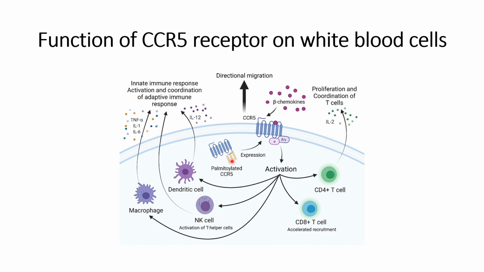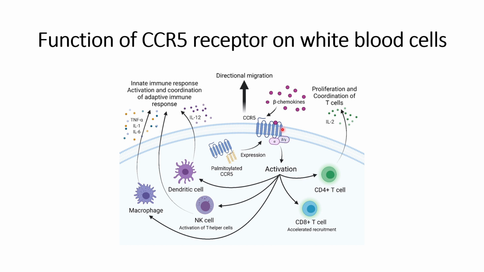This means addition of a fatty acid at the C terminal of CCR5, and one example of a fatty acid is palmitic acid, which adds to the C terminal of CCR5. This condition leads to the expression of CCR5 on the plasma membrane.